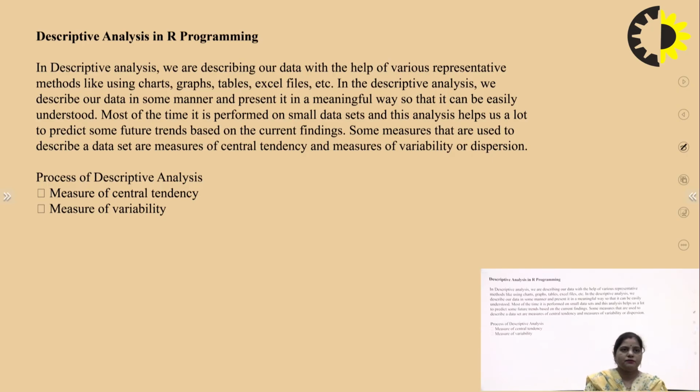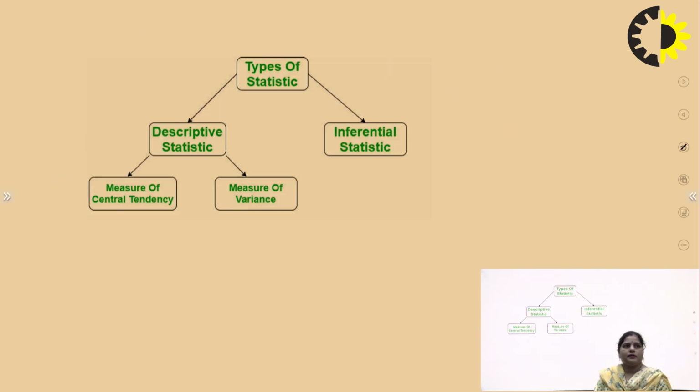Some measurements we use to describe data sets are the measures of central tendency and of variability or dispersion. There are basically two types of statistics, descriptive statistics and inferential statistics.